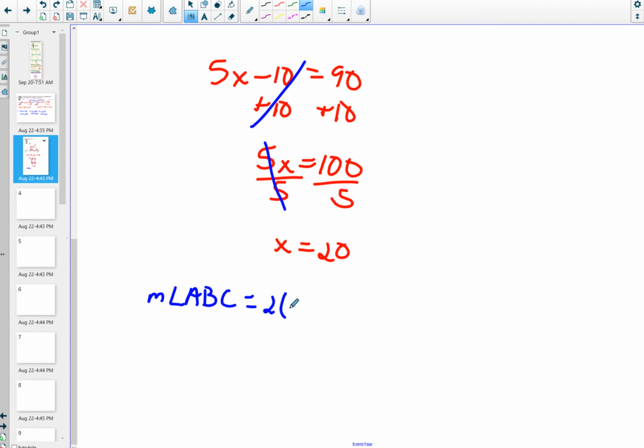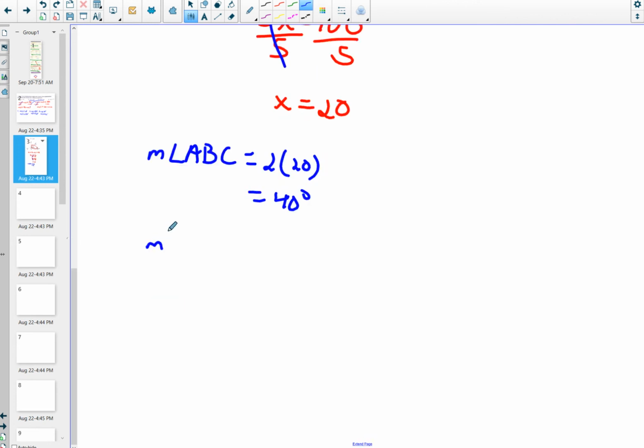It's 2 times 20, which gives me 40 degrees. Do I need to plug in the 20 to find the next one? No, you don't. You could, but you don't. Because if I know the angles are complementary, which means they add up to 90, and one of them is 40, what's the other one going to be? 50, yeah.